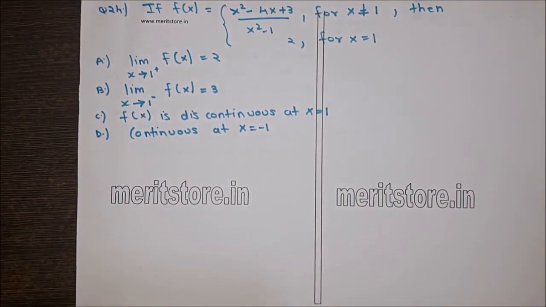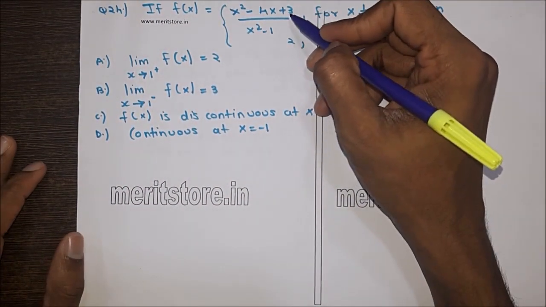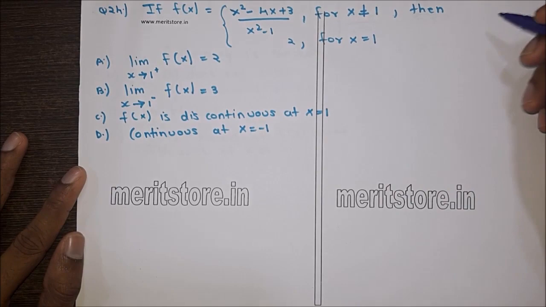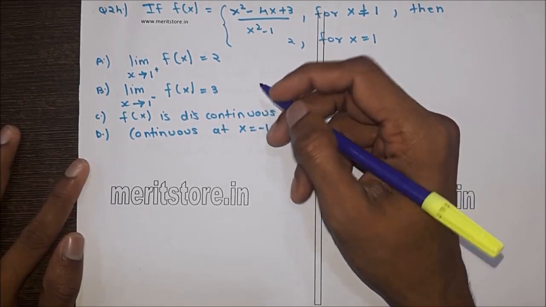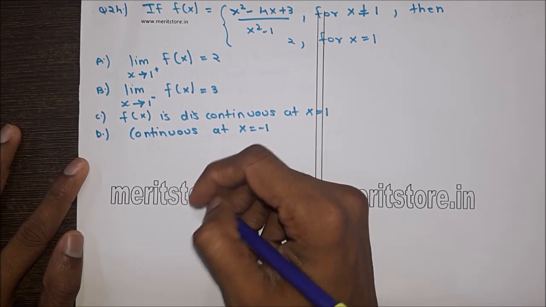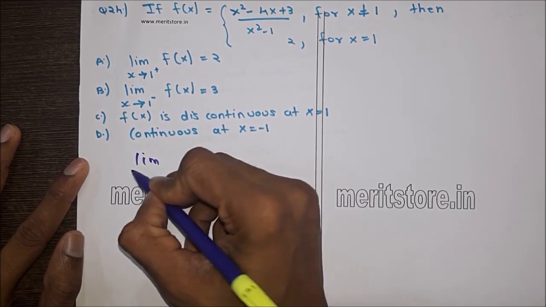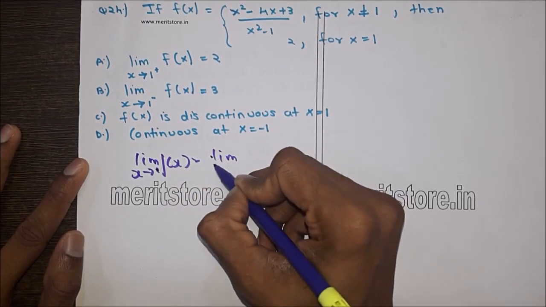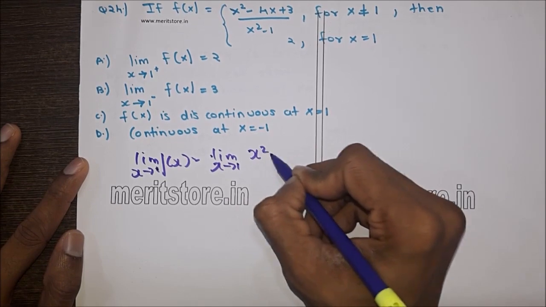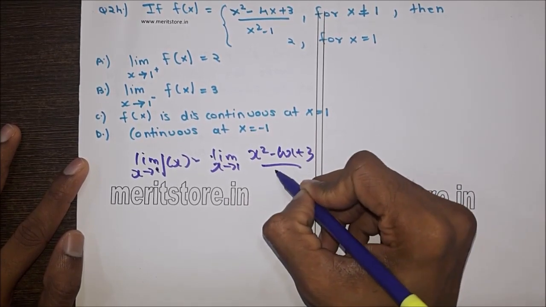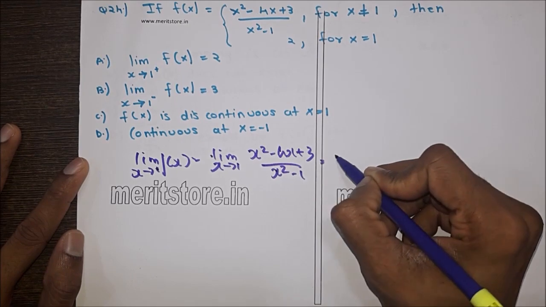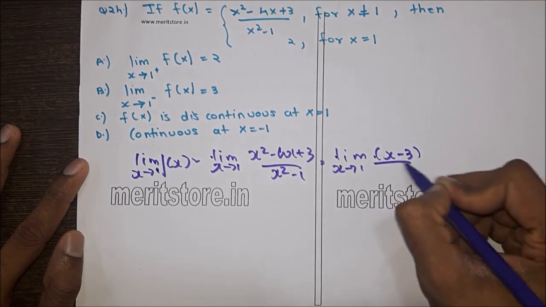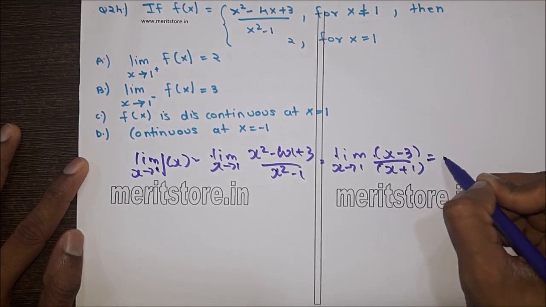Question 24. If f of x is equal to x square minus 4x plus 3 upon x square minus 1 for x not equal to 1, and 2 for x equal to 1, then we are given 4 options. Let limit x approaches 1 of f of x equal to limit x approaches 1 of x square minus 4x plus 3 upon x square minus 1, which can be written as limit x approaches 1 of x minus 3 upon x plus 1, equal to minus 1.